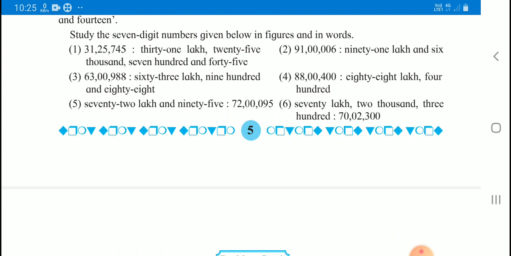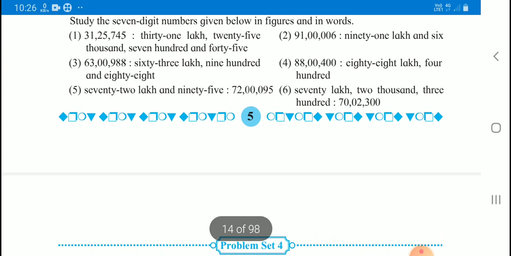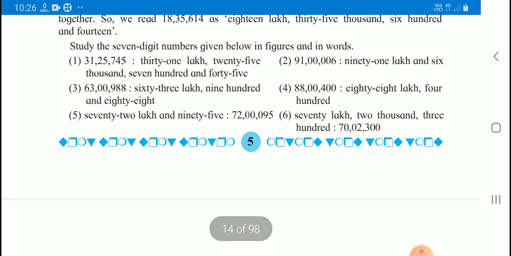So middle 100, 1000 and 10,000 numbers are absent. So we have to write in that place of number 0. So the number we have to write as 72,00,095.